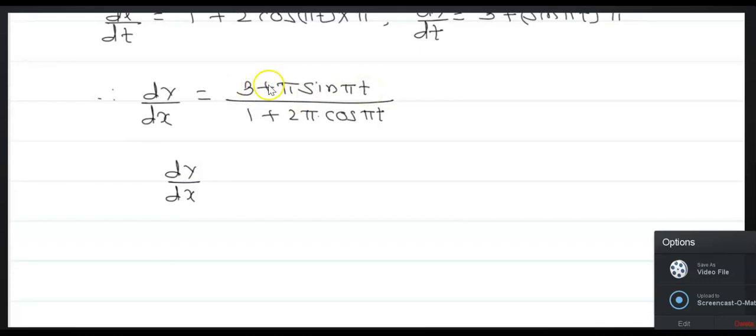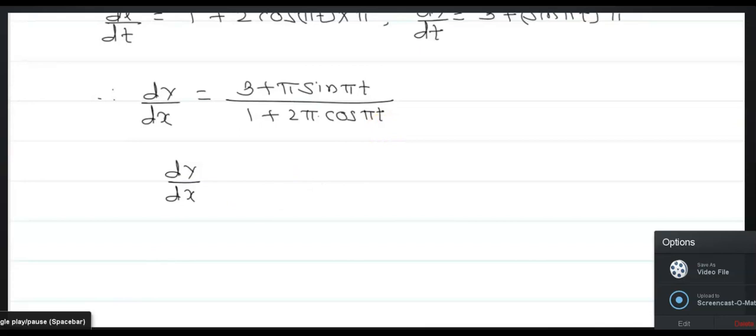This is 3 plus pi sine of pi by 2 upon 1 plus 2 pi cos of pi by 2. That is cos 90, which will become 0, and sin 90 is 1. That is 3 plus pi upon 1, because cos 90 will become 0.